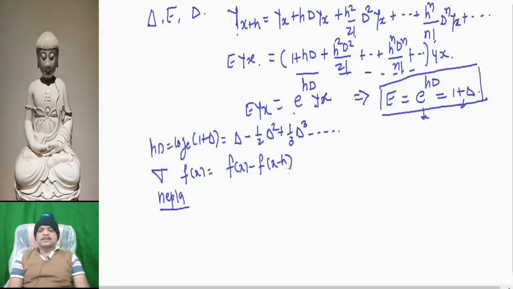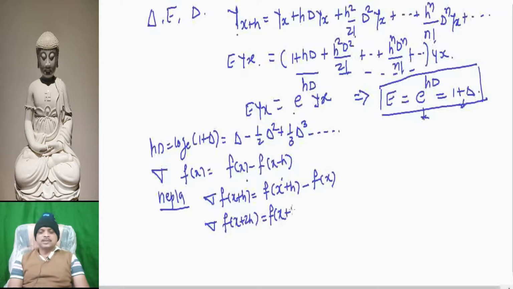Since we are considering the difference between the given term and its backward term, it is called the backward difference. So, nabla of f(x plus h) equals f(x plus h) minus its backward term, that is f(x). Nabla of f(x plus 2h) equals f(x plus 2h) minus f(x plus h).